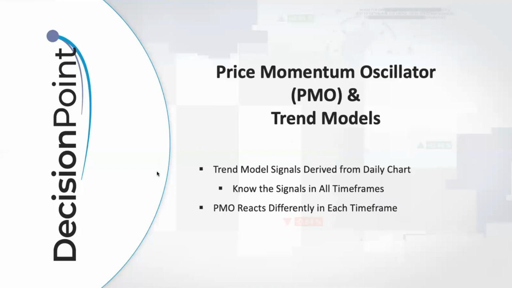So the trend basically gives you that backdrop so that you know what your signals are in those time frames, and then the PMO is what tells you that momentum in each of those time horizons. So you want to know the momentum and direction and signals in all time frames, especially, of course, if you are investing in the long or intermediate term.